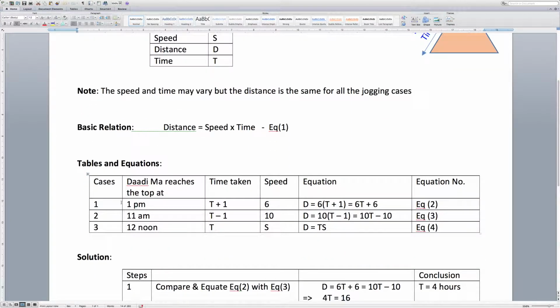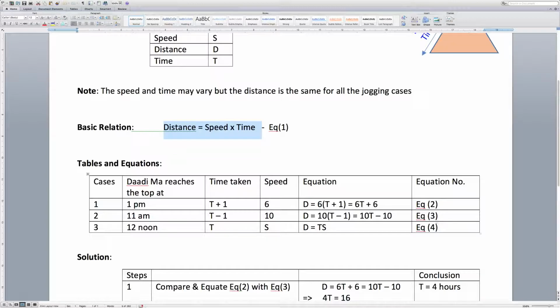We'll not go through it in detail, but for the three cases that you have about the travel, for each of the three cases, you made a table, and you've derived the time at which this person reaches the top of the mountain, the time taken, and the speed. Then you use this fundamental mathematical concept to relate the distance, speed, and time, and from that you get equations.